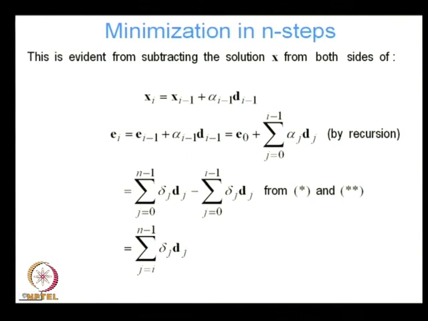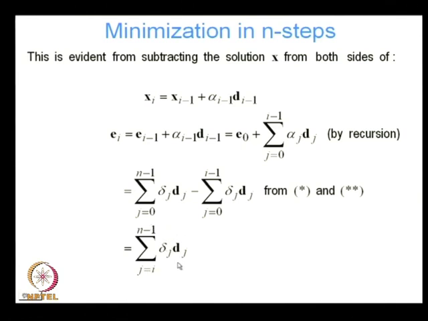Now after I steps, my error has components only in the directions d I to d n minus 1. So, all those components of E 0 from 0 to I minus 1 have gone totally to 0, they have been totally negated, because now I can write the error at step I in terms of the basis vectors j equal to I to n minus 1.